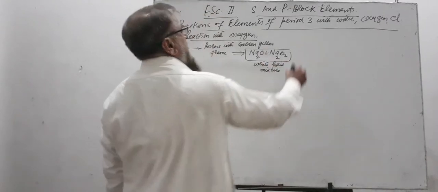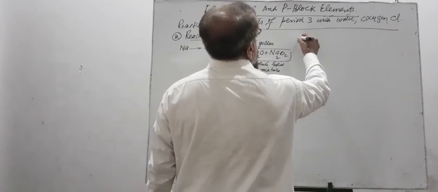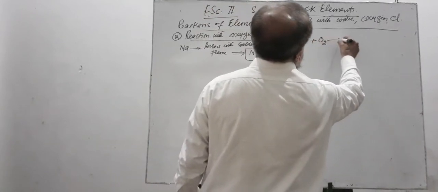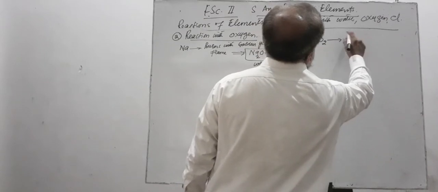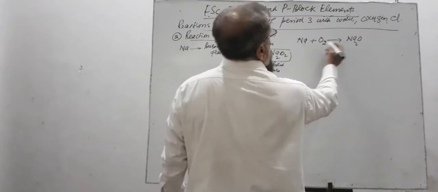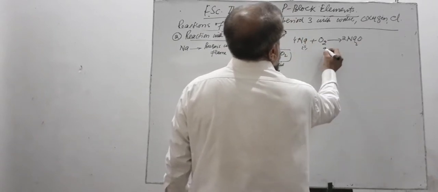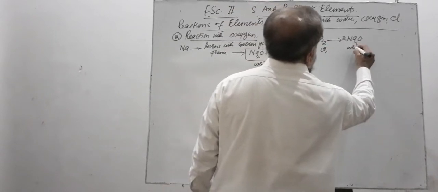The reactions are: first reaction, which leads to sodium oxide, is sodium plus oxygen, Na2O. 4Na plus O2 gives 2Na2O, solid, gas and white solid.